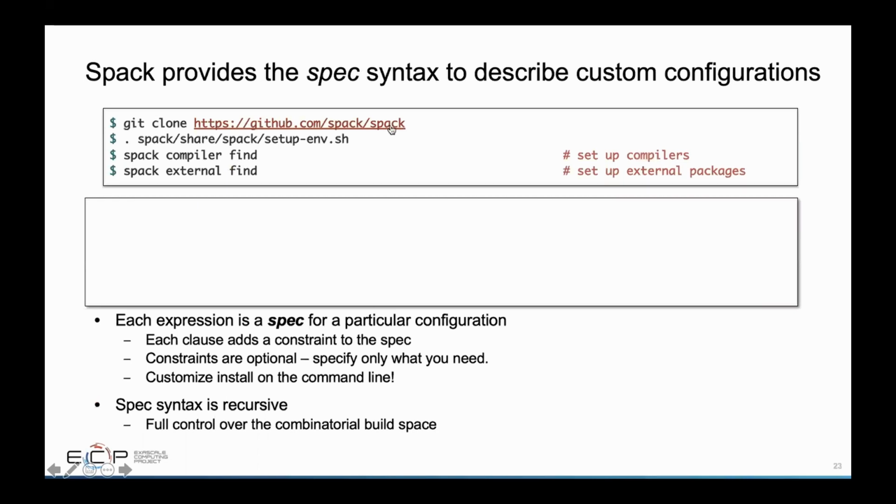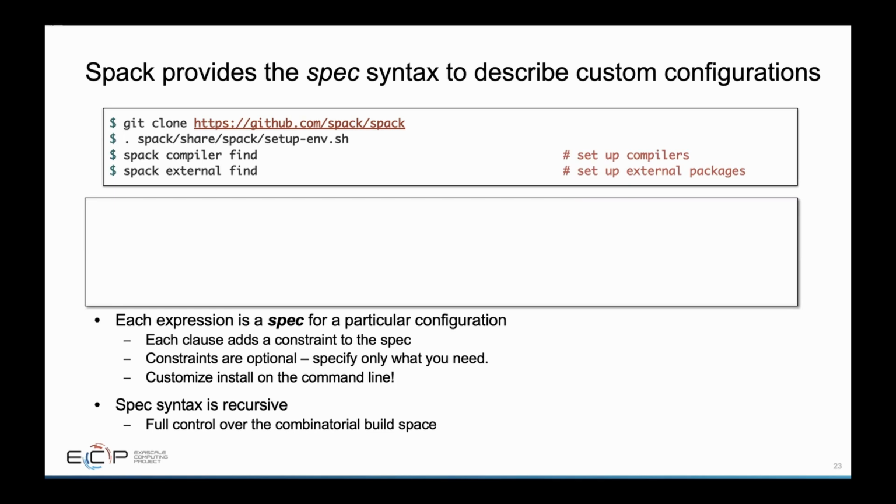So you clone Spack and you set up, you can say spack compiler find, and then it finds the compilers in your path. So if you have loaded Intel compilers or GCC or Clang compilers, it recognizes those. You can also say spack external find, and I highly recommend this command because then it does not need to install the dependencies from scratch, from source code.